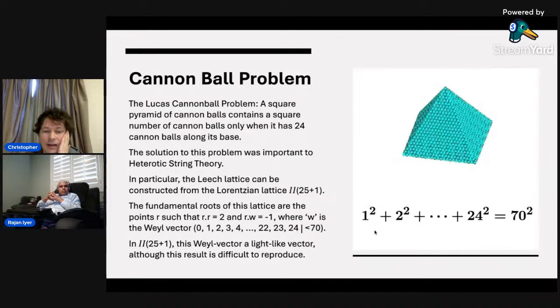We're not applying it in that sense, although in the 26-dimensional Lorentz lattice, the Weyl vector is a light-like vector. I actually did find that result a bit difficult to prove, because if you have two vectors and you take the norm of them, really what you're looking for is the dot product, although those are basically very similar.